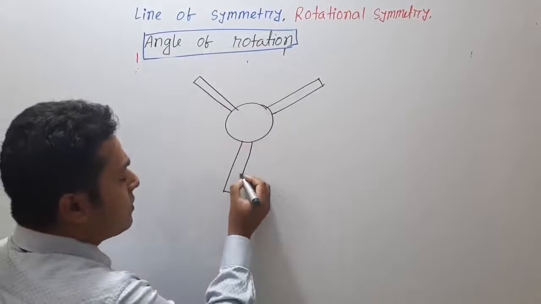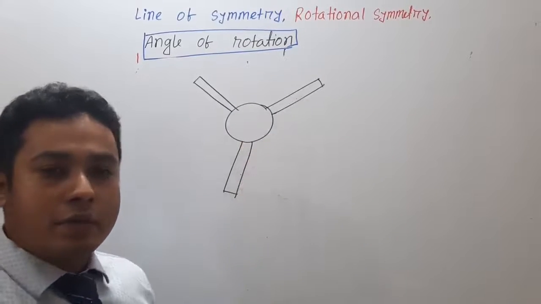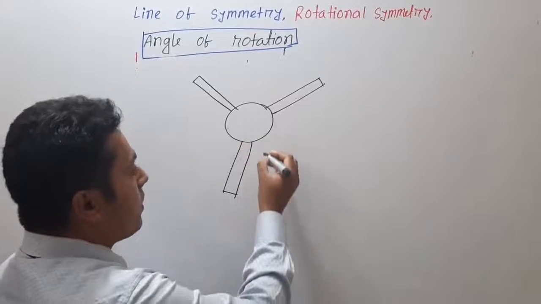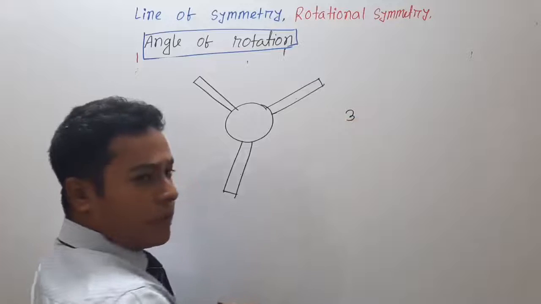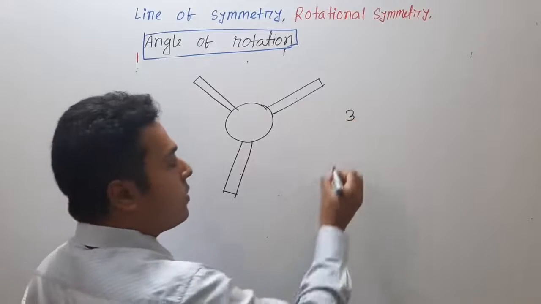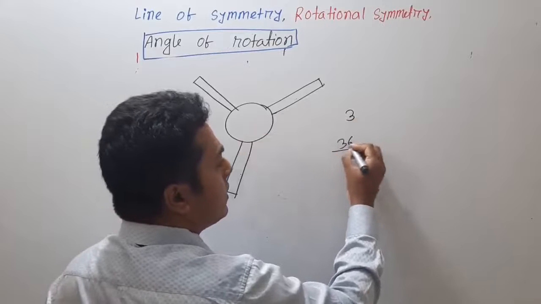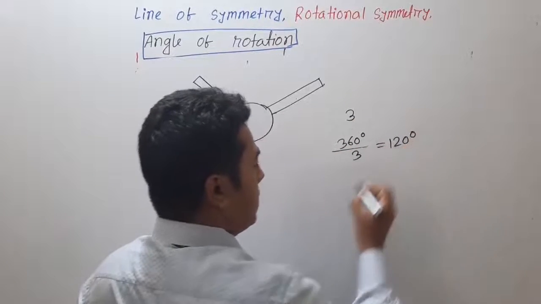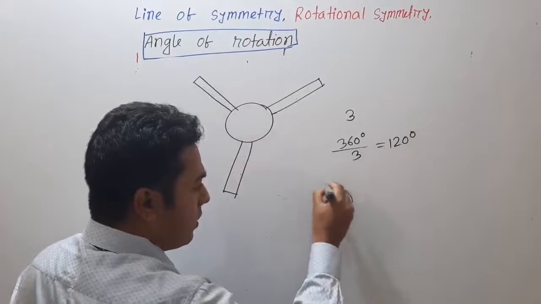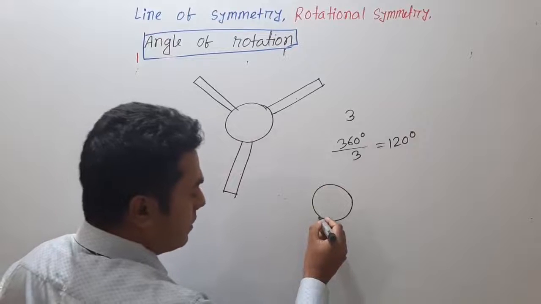If this blade goes to this blade, then the original shape will be repeated. So it has an order of rotation of 3, and the rotational angle will be 360 degrees divided by 3, which is equal to 120 degrees.